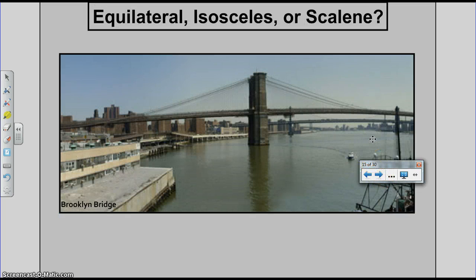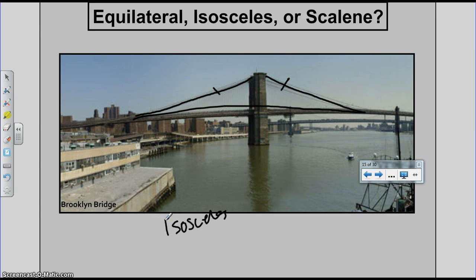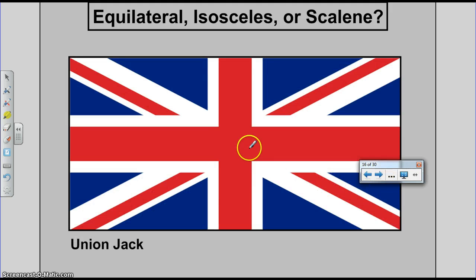Let's look at the triangles just by the sides. So none of the, well, actually this side is probably congruent to this side, so that's most likely isosceles. Whoa, that's a lot of triangles.